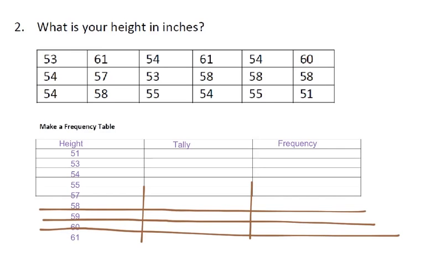I'm going to start with my tallies. 1 for 53. 2 for 54. 1 for 61. 1 for 57.